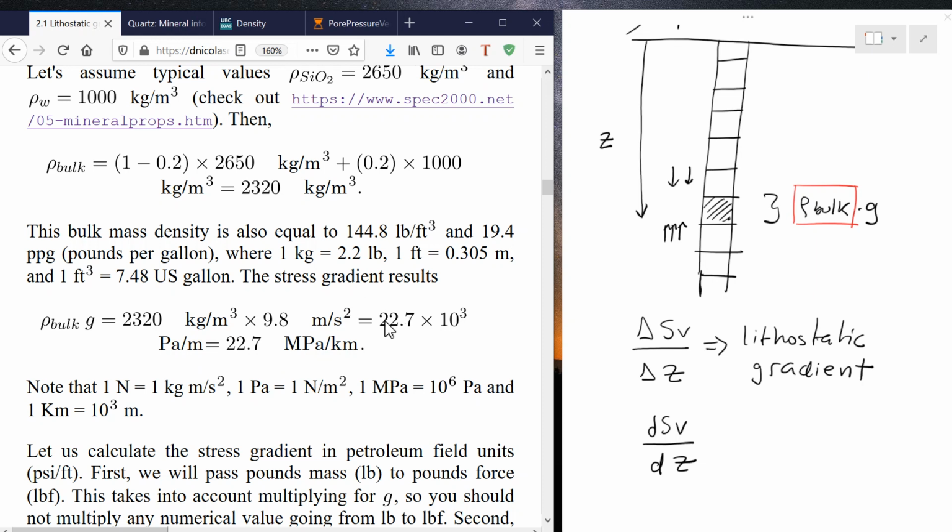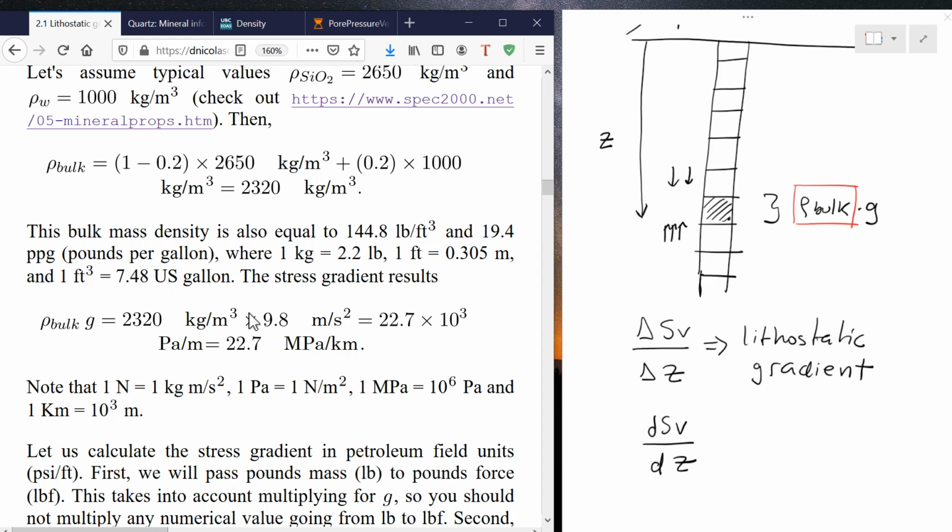These units are not very handy to use in geomechanics. So instead of Pascal per meter, we use megapascal per kilometer. Why? Because in petroleum engineering we have quite big depths, in the order of kilometers, so it's just much easier to use megapascals and kilometers.